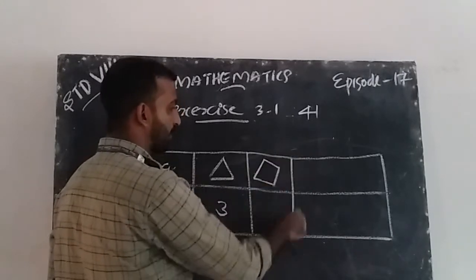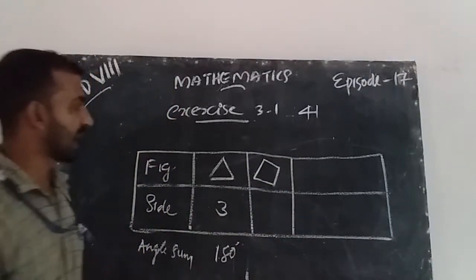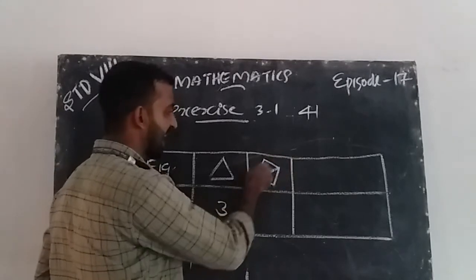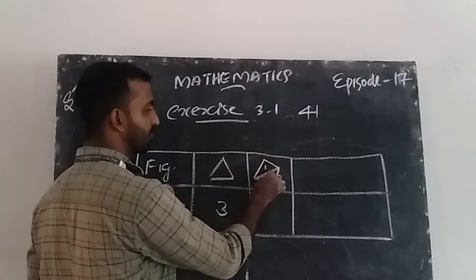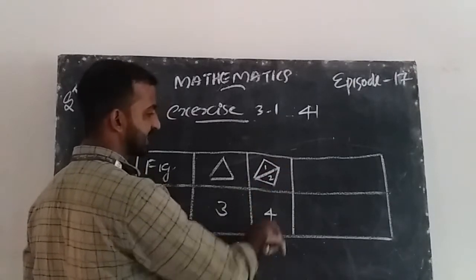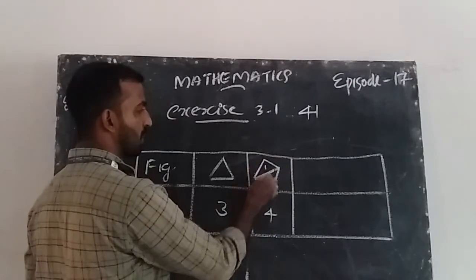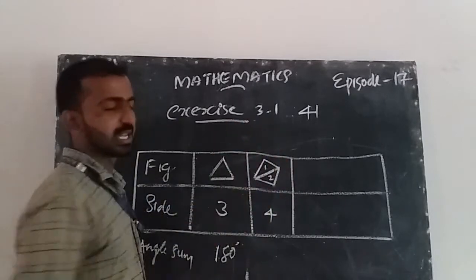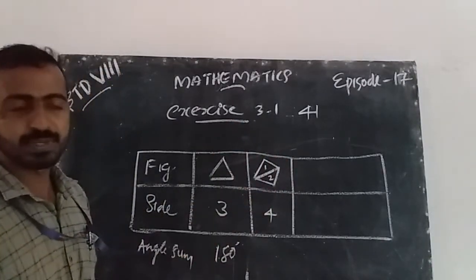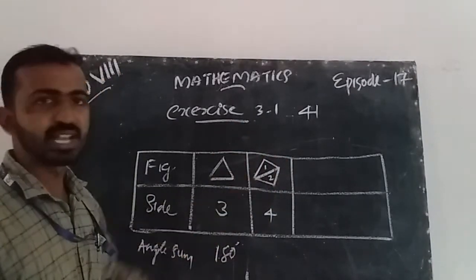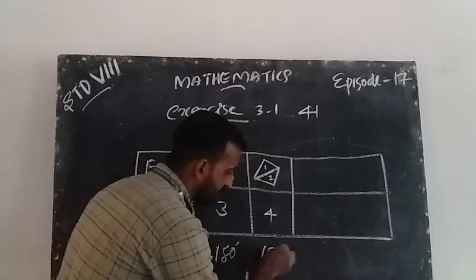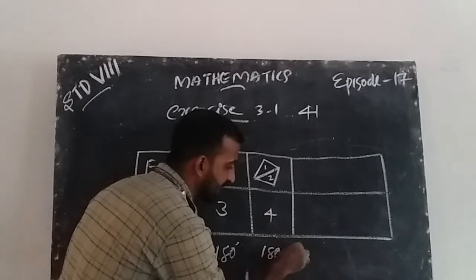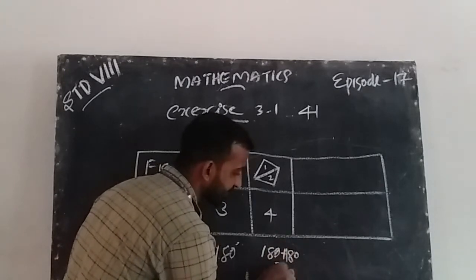This is a quadrilateral. That is, we can draw a diagonal. Then how many triangles in this? 1, 2. That is, sides: 1, 2, 3, 4. Number of sides is 4. Here we get 2 triangles, that is 180 plus 180. We get 360.